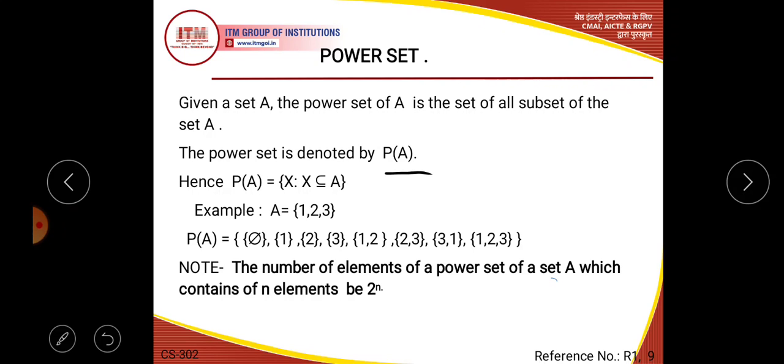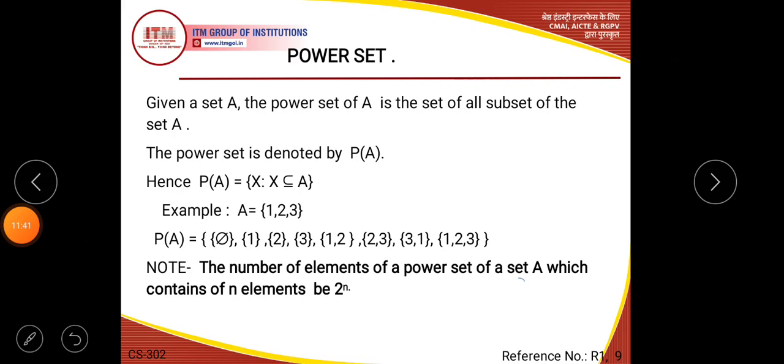Now come to example. In the example, capital A has 3 elements 1, 2 and 3. So P of A is equal to the set containing {1}, {2}, {3}. First we take individual elements.